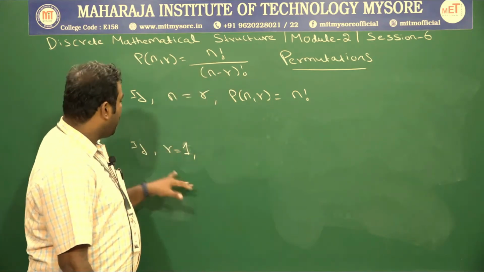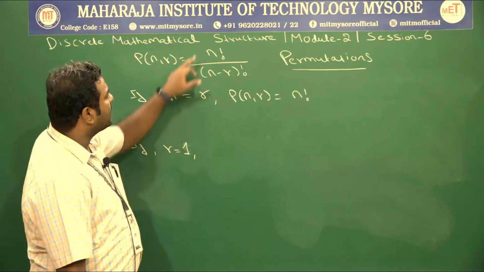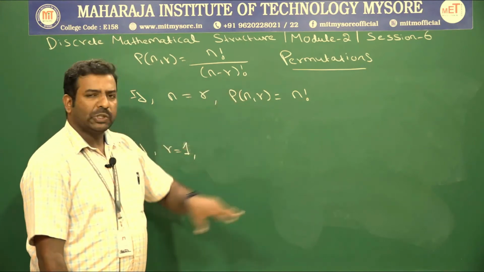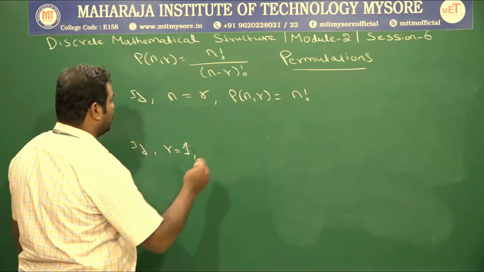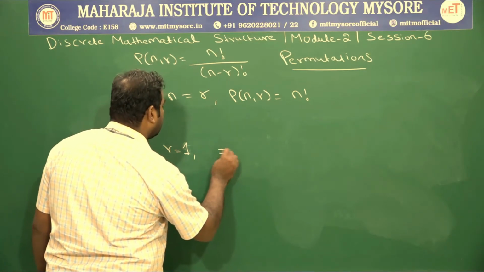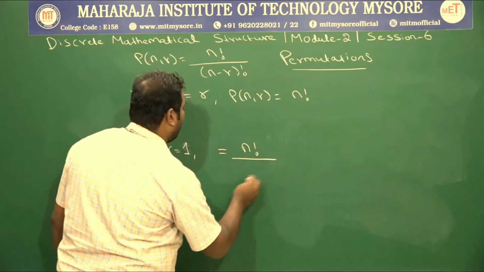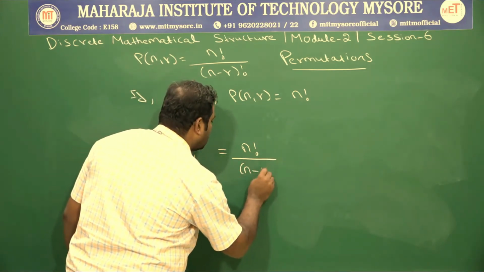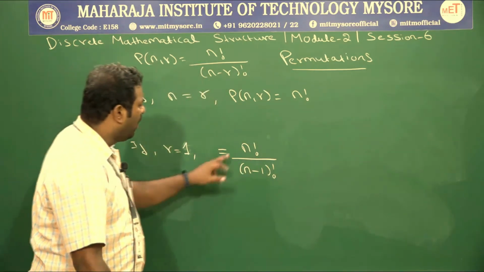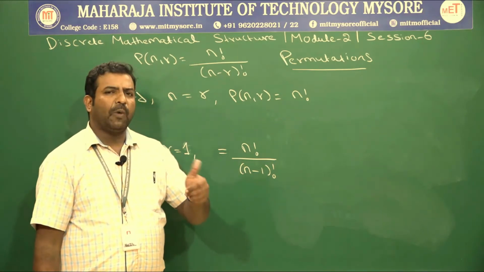So if r is 1, I'll have n factorial divided by n minus 1 factorial. Fine. I'm going to write this and show you. Now let me expand this n factorial by one step.